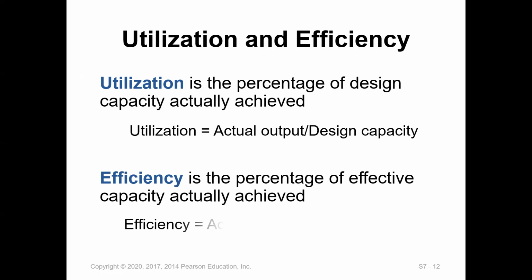When we say the utilization for the machine is 90%, that means the machine is running 90% of the time, and the rest of the time it's not running. If the utilization of the teller is 50%, that means 50% of the time he or she is working, and the other 50% he or she is idle, not producing anything. Efficiency is the percentage of actual output divided by effective capacity.